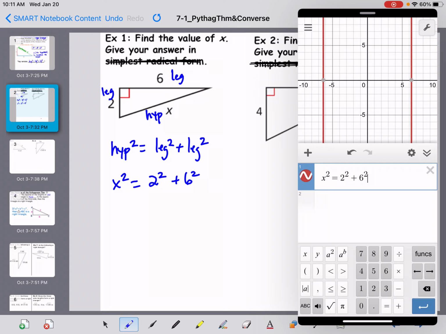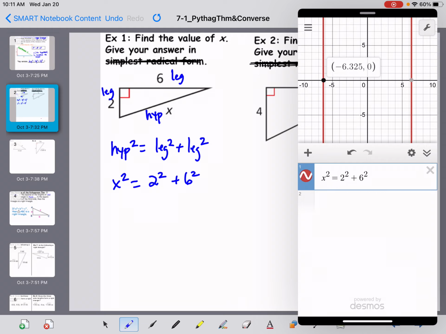And when you do this, you get 2 lines here. You get one over here on your left-hand side that's going to be a negative number, and you get one on the right-hand side that's going to be a positive number. And so how do you know which one is correct?